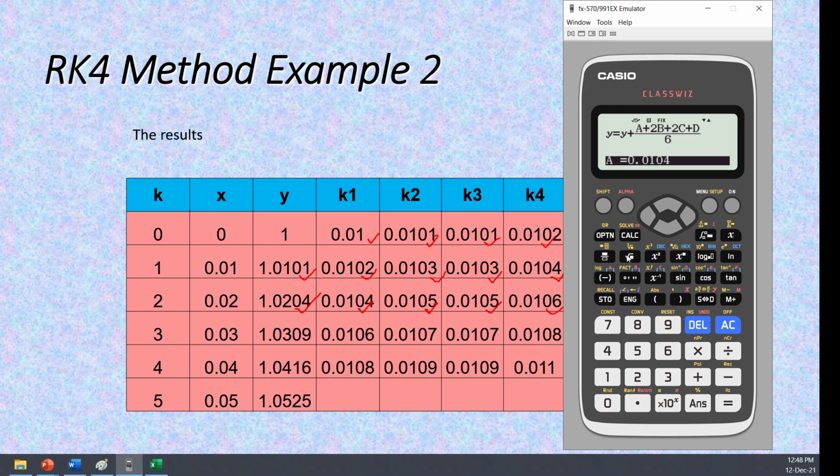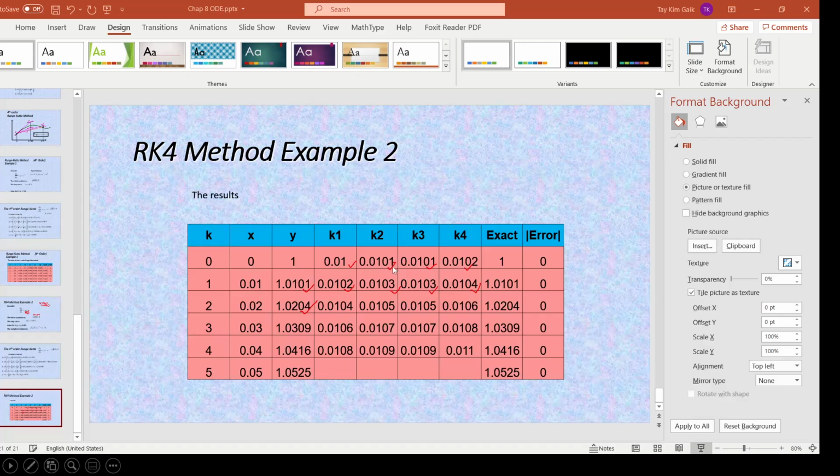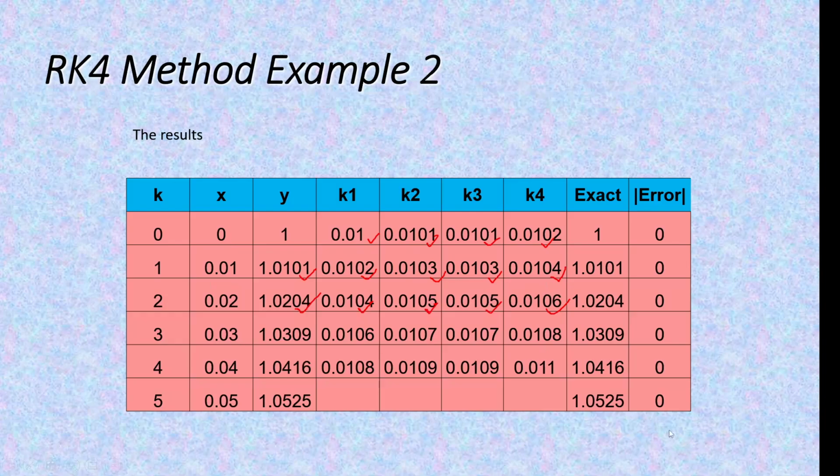A is 0.0104, B is 0.0105, C is 0.0105, D is 0.0106. If the value is correct, you no need to key in, just press down. Okay, input the new value, then equal. You get 1.0309.